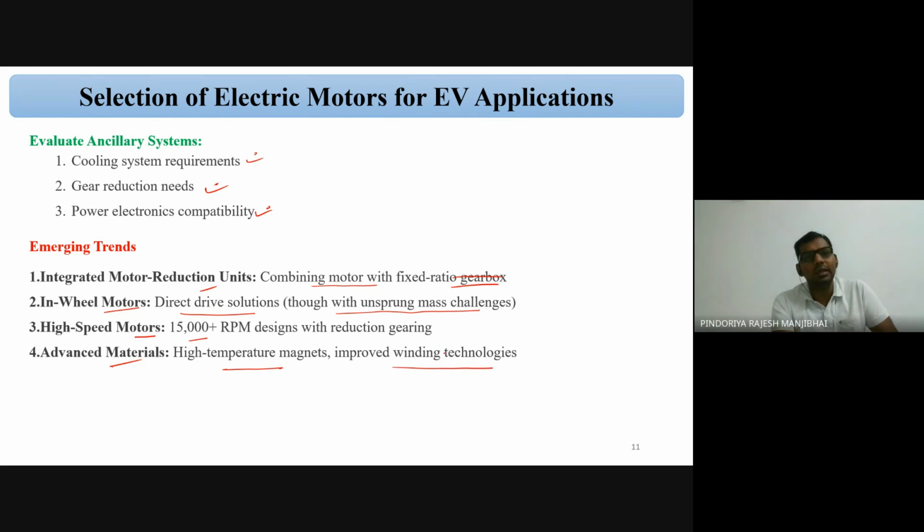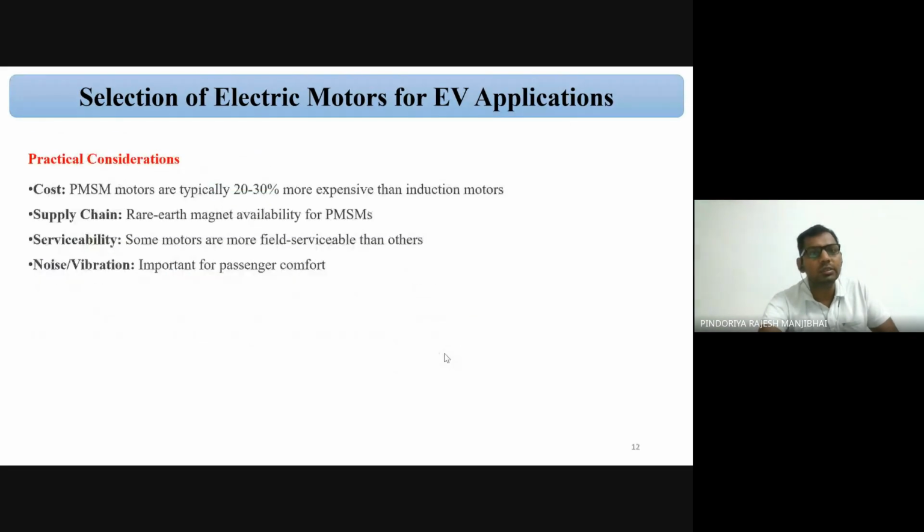If you are considering the temperature effect, we have to consider different types of winding materials as well as high-temperature magnets. So these are the emerging trends. We have to consider these parameters when selecting electric motors.